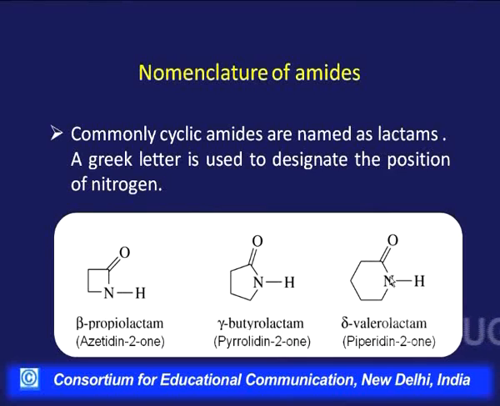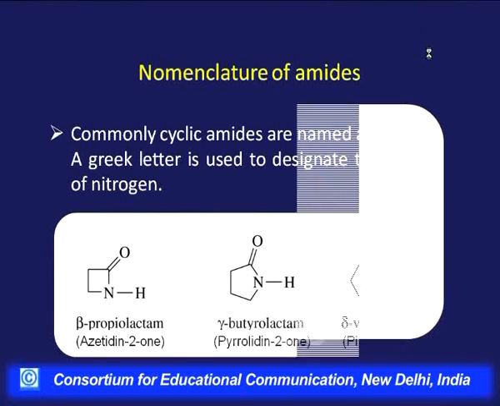And in the IUPAC system, this is considered as a derivative of pyridine, and when it is reduced, it is piperidine, and it is named as piperidine 2-one. So, these are the common names and IUPAC names for cyclic amides.